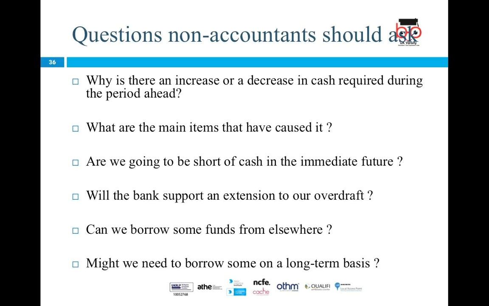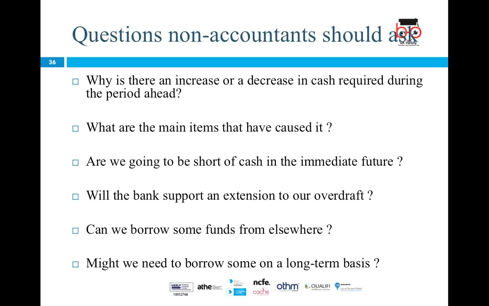Sometimes the interested party who does not have an accounting background can think about what the main items are that have caused the fluctuation of the cash ups and downs, and what the difference is, or whether they are going to be short of cash in the immediate future.